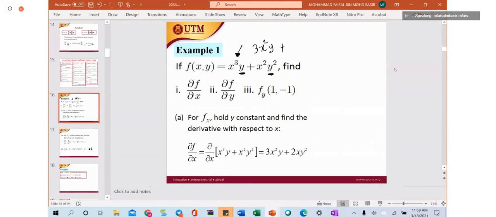For this, differentiating with respect to x means you are changing the variable x to x, and y is a constant. Understand? Hazim, can you understand? Yes. Okay, any other questions?